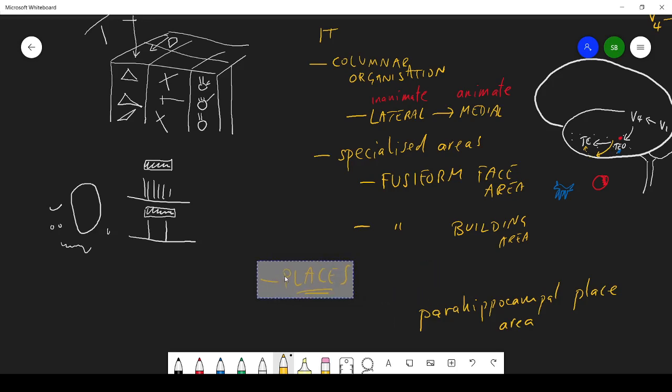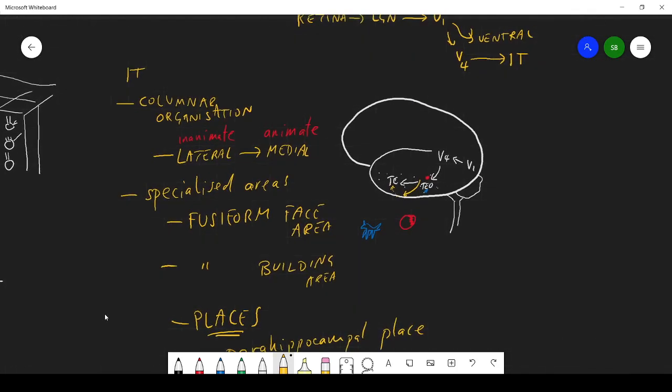What's happening is that as you move more along this axis, you're getting more and more specialization and a higher level of abstraction.